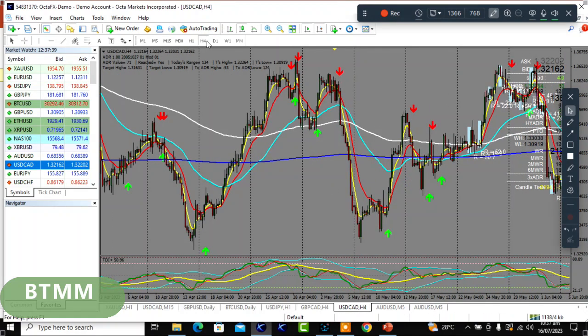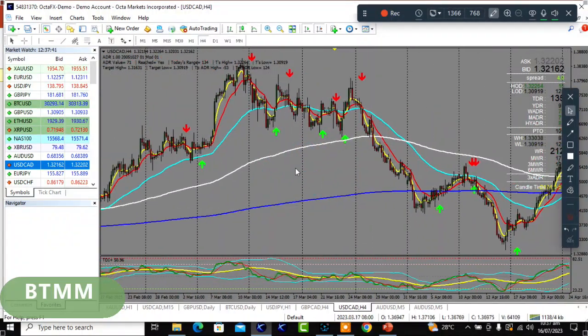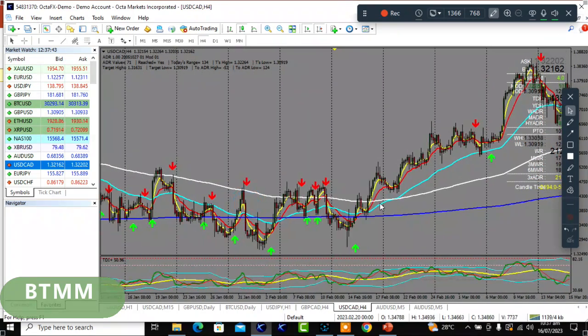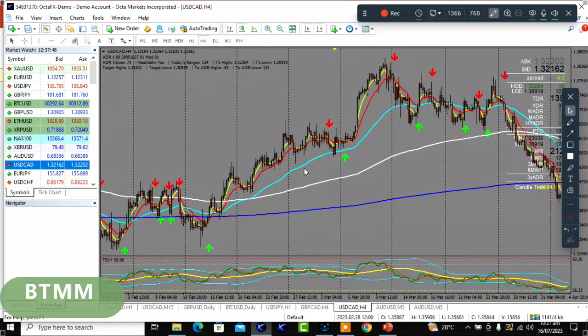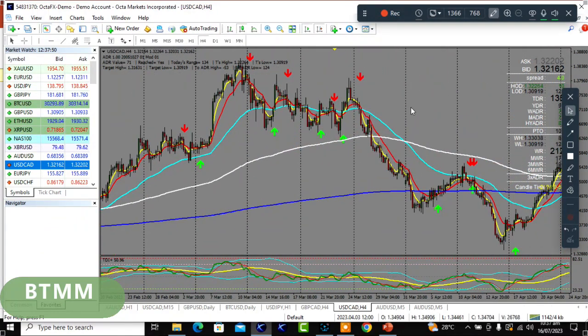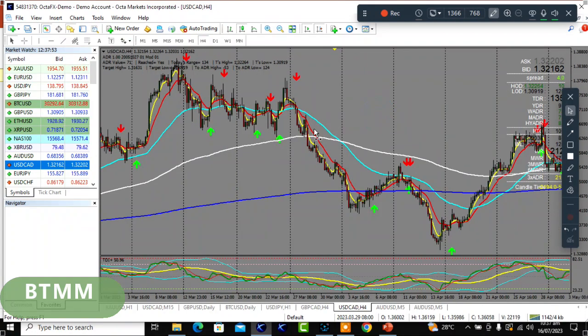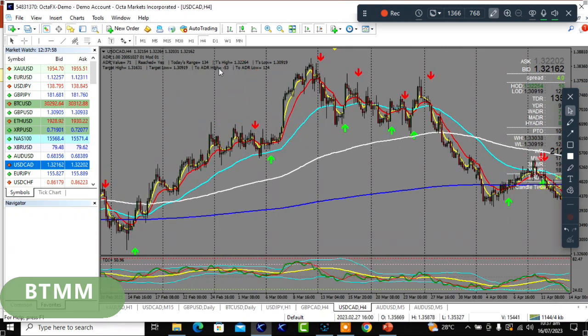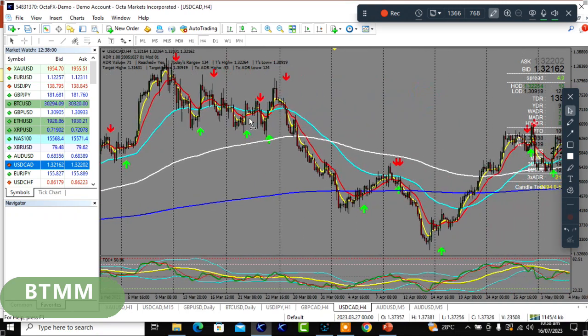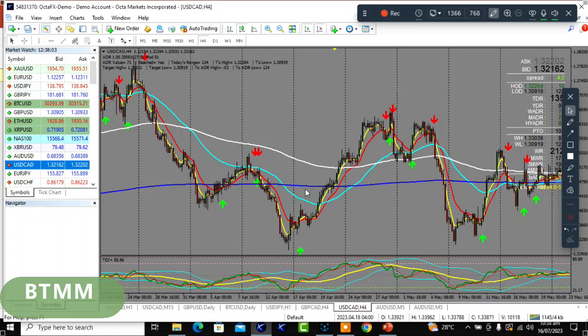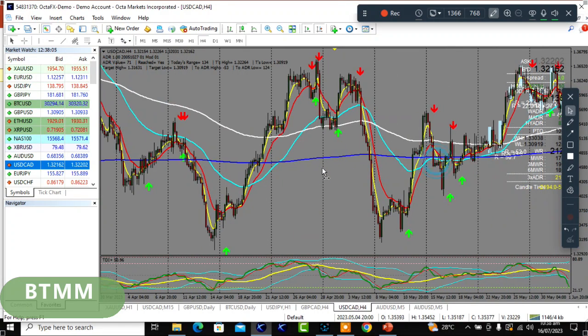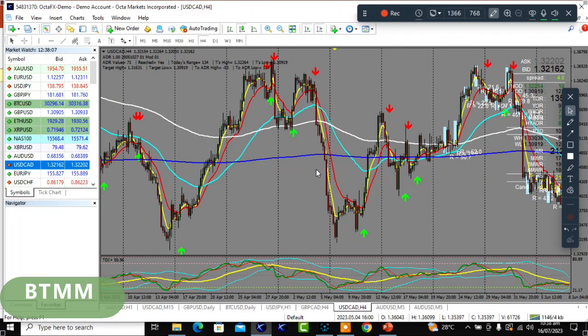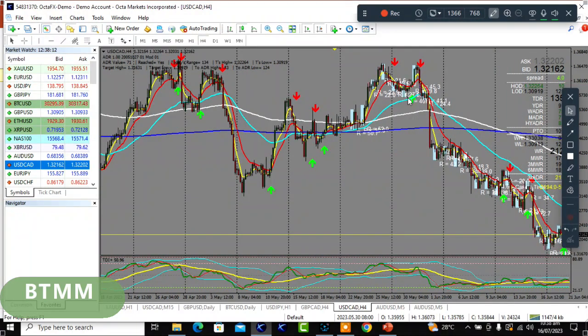So you use your 4 hours time frame and you analyze your market, and then you take your position using the 15 minutes time frame. The sweet thing about BTMM is that for you to take a very good entry position, you have to go back to your 15 minutes time frame and wait for your entry pattern to materialize, and then you take your position and then you leave the market for like a week or 2 weeks, depending on when you enter the market.